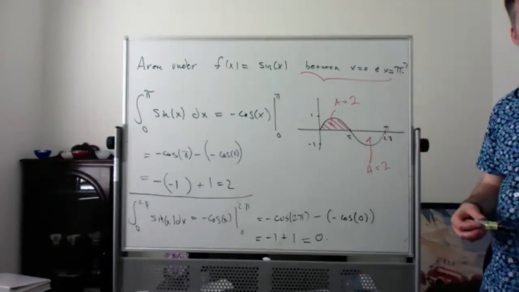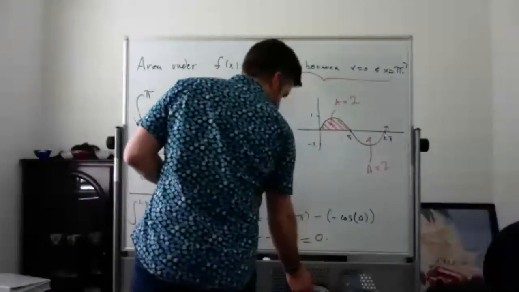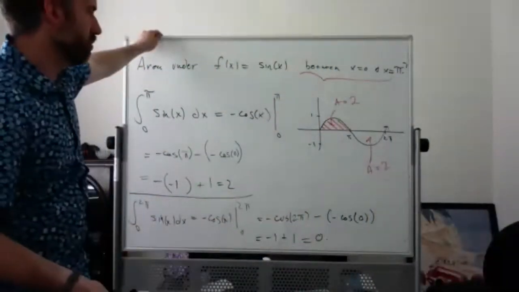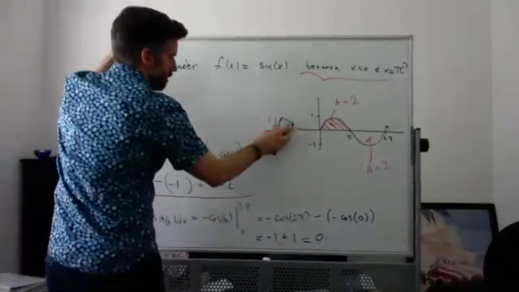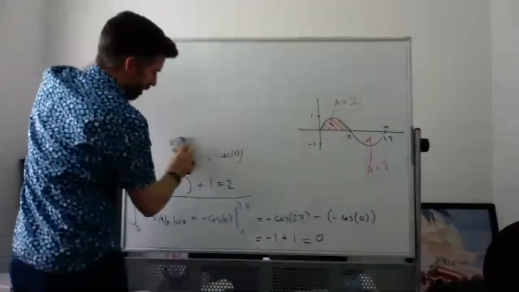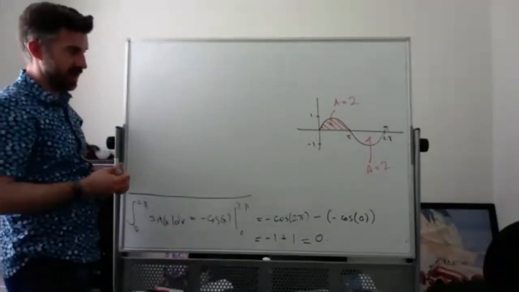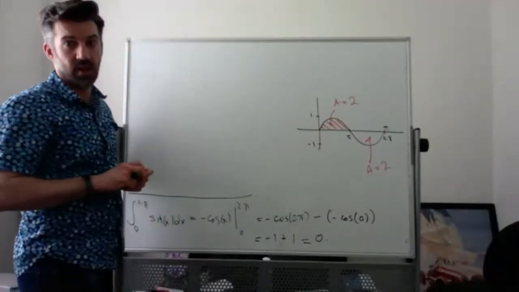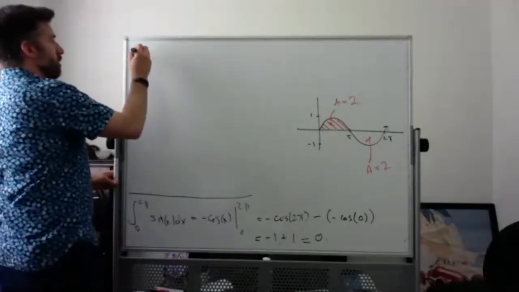A different way I could phrase this question, which is kind of a pain, I think I want my picture, so I'm just going to erase this. So a way I could phrase this question, so I actually find out how much area there is between sine and the x-axis, I could write it out.